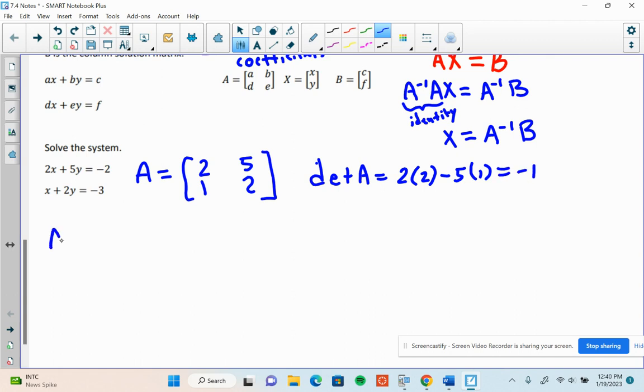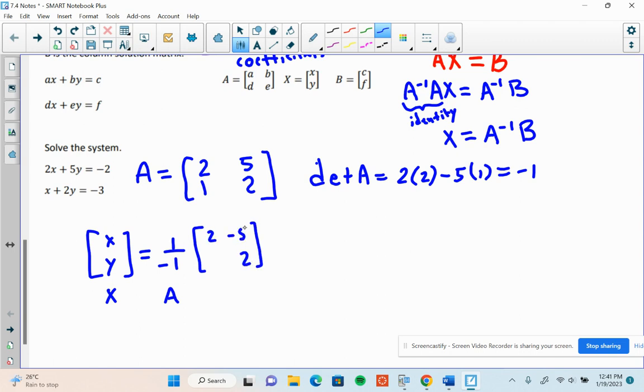So our inverse matrix, let's write down what it is. We'll just write down that X, which is this matrix right here. X equals A inverse. Now remember what the inverse is. We do 1 over the determinant of matrix A. Then we're going to switch the 2 and the 2.